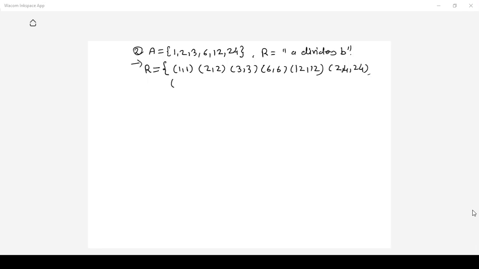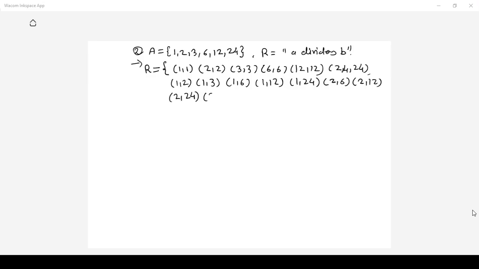Next, 1 divides all. So I can have 1 comma 2, 1 comma 3, 1 comma 6, 1 comma 12, 1 comma 24. Then 2 divides whom? Taken element by element, 2 divides 6, 2 divides 12, 2 divides 24.